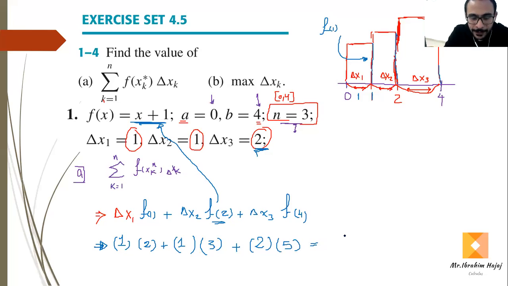Then add: 2 plus 3 plus 10 is 15. So the approximate area is 15.